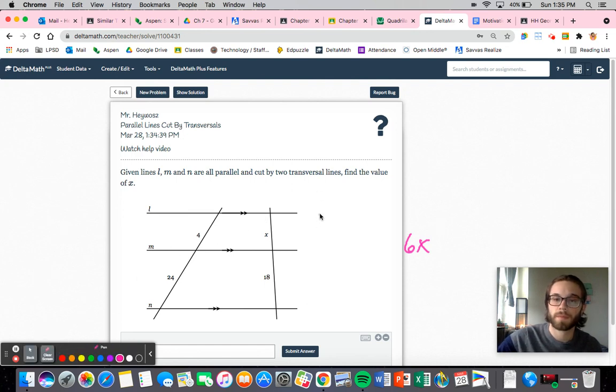So 4 is to 24, sorry, as x is to 18. We can solve that. Well, I'm going to simplify this first. I don't want to deal with this. So I have 1 over 6. All right, so that gives me 18 equals 6x, x equals 3.